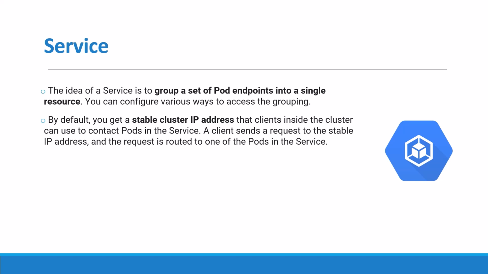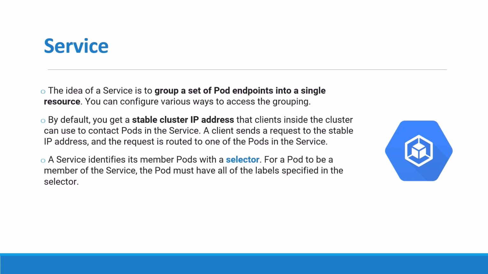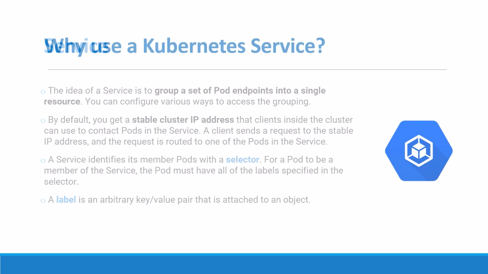A client sends a request to the stable IP address, and the request is routed to one of the pods in the service. A service identifies its member pods with a selector. For a pod to be a member of the service, the pod must have all of the labels specified in the selector. Basically, a label is an arbitrary key-value pair that is attached to an object.